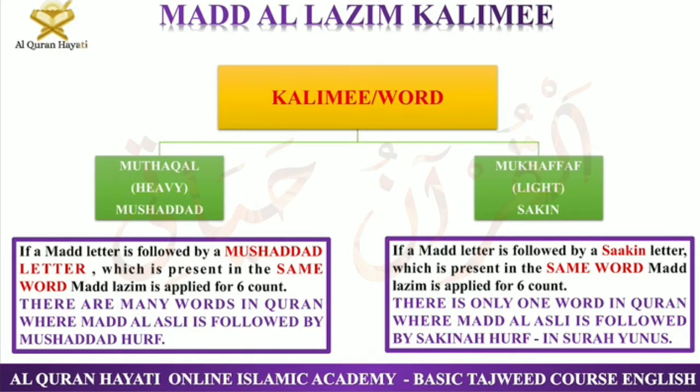Now let's see mad al-lazim in words which is due to tashdeed. We can take the same example, ba with fatha and alif mad.